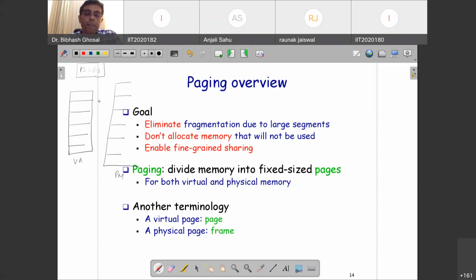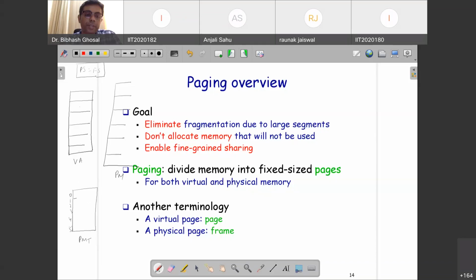To map a page to its corresponding frame, the paging system uses a table which we call the page map table. For every process, there will be a page map table. The number of entries of this table would be the number of pages that have been created. So if there are 6 pages, there will be 6 entries in the page map table. Each entry corresponds to one page.